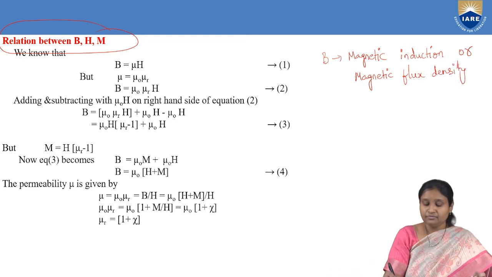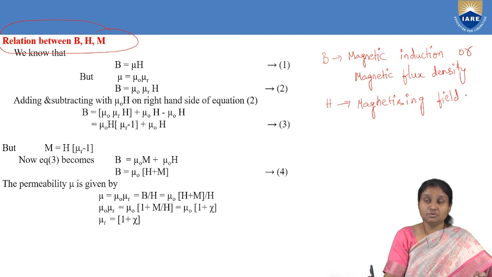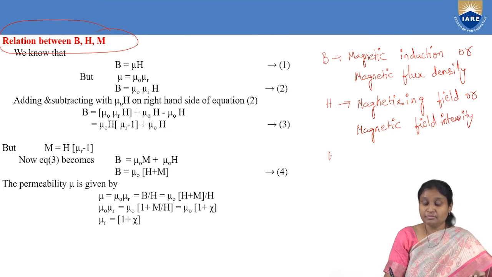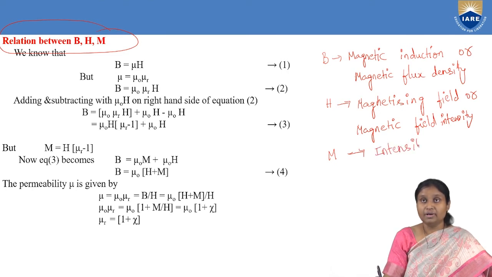H is nothing but our magnetizing field, also called magnetic field intensity. And M stands for intensity of magnetization.